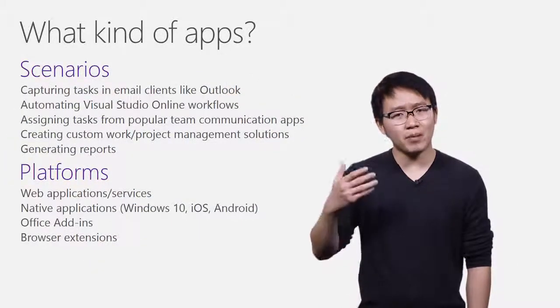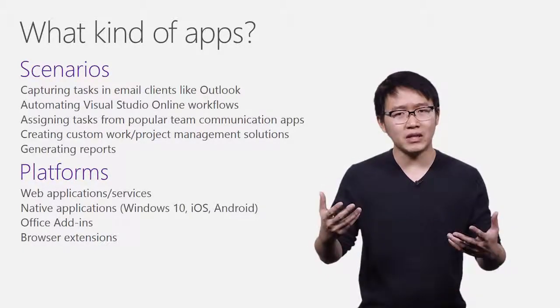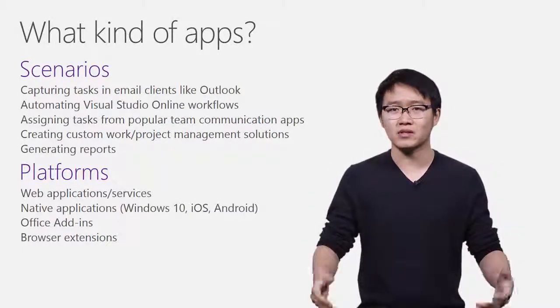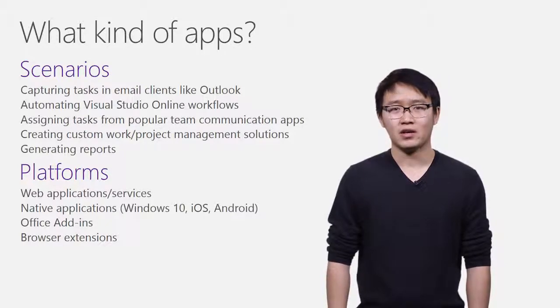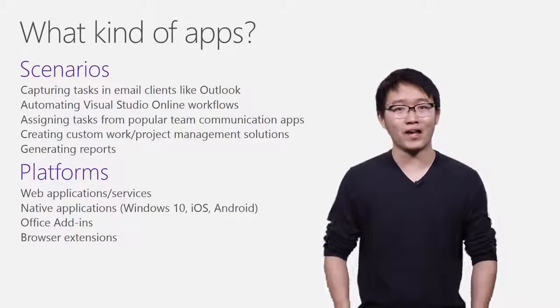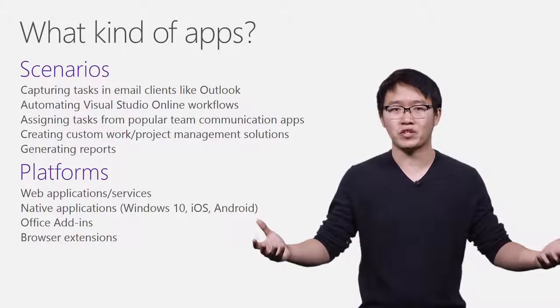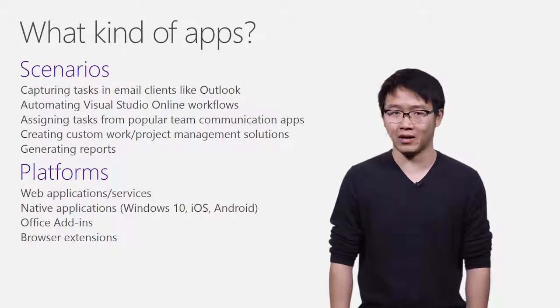So when we were thinking about building the Task API, we thought deeply about what scenarios and solutions our developers may want to build. It turns out that there are indeed a wide variety of scenarios and apps for which developers can leverage a Task API.